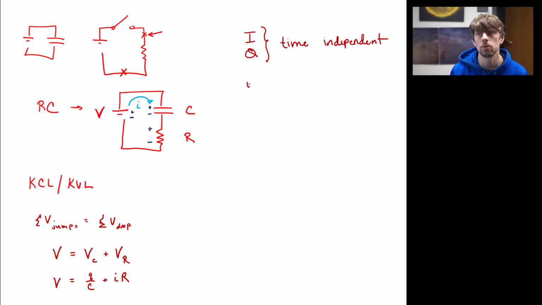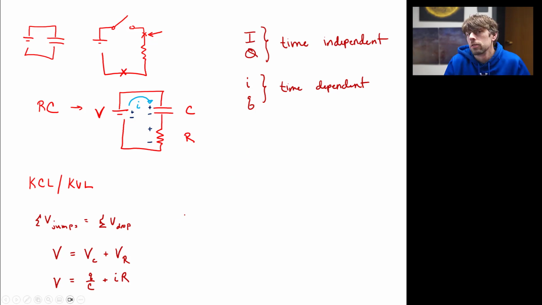And the book will use a lowercase i and a lowercase q for quantities that are time dependent. So although that distinction isn't made in this class, nor is it made in our textbook, it's always good to start getting used to some of that notation because we will see it in the future.